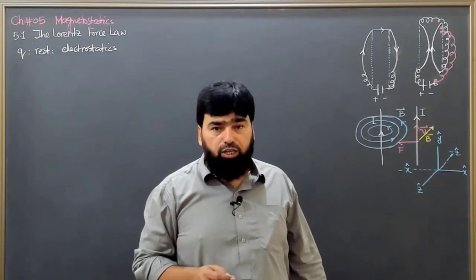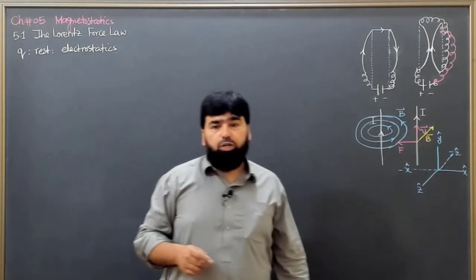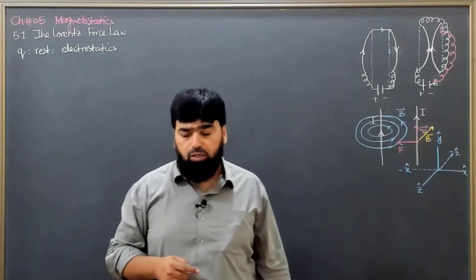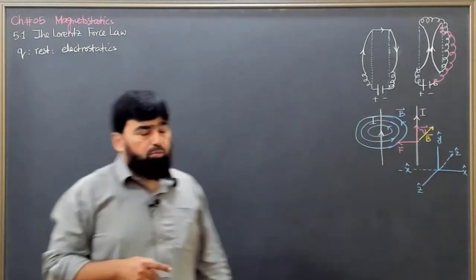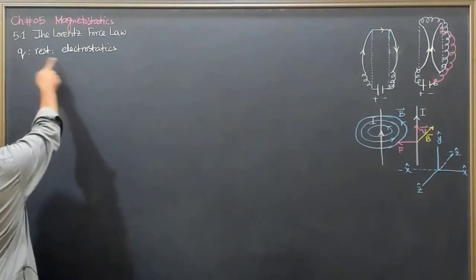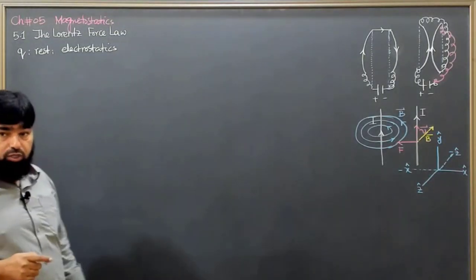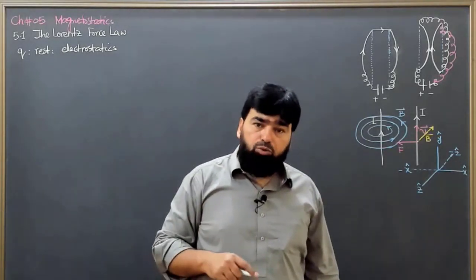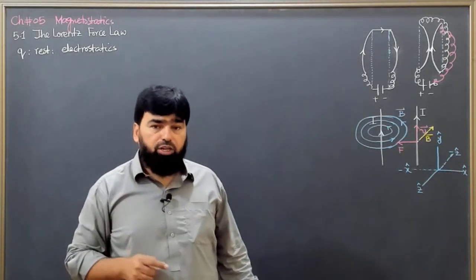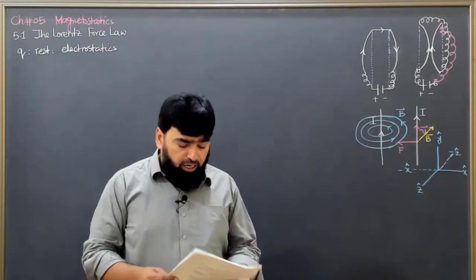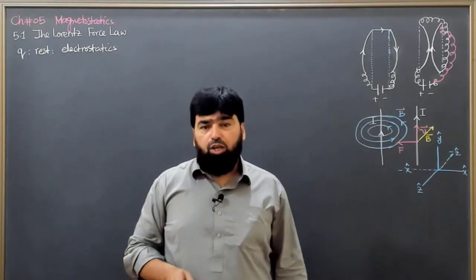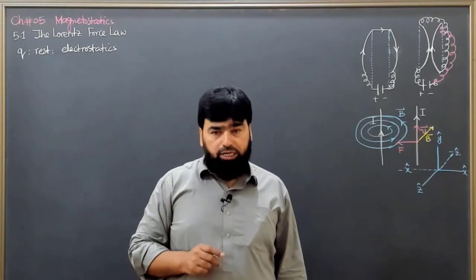It can be moving as well, because when it experiences the force of the field by the static charge, then it will move. So, in chapter 3, we then discussed the electric field, and now we are in chapter 5, which is magnetostatics.